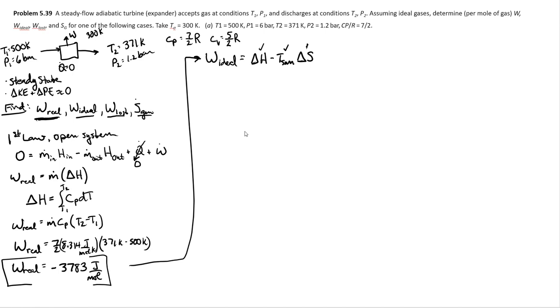Do we know delta S? Well, we were given the equation for delta S in our textbook for an ideal gas in a closed system undergoing a reversible change. That delta S is equal to Cp natural log of T2 over T1 minus R natural log of P2 over P1. I said that this equation was derived for an ideal gas undergoing a mechanically reversible process in a closed system.